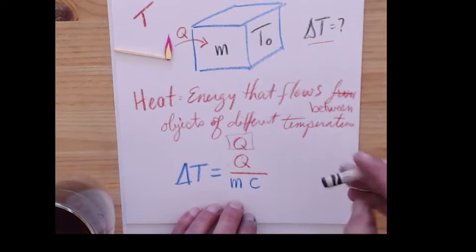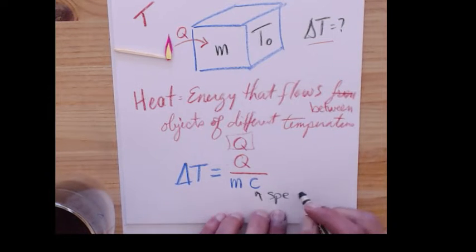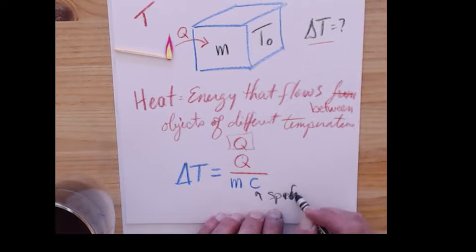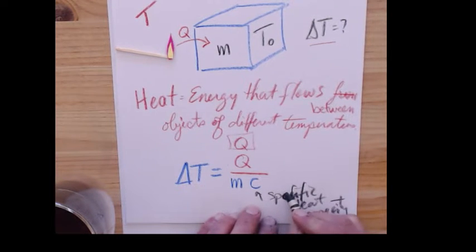This is called the specific heat capacity.